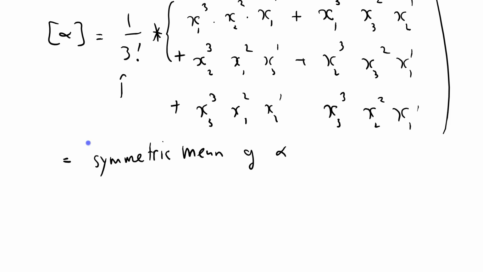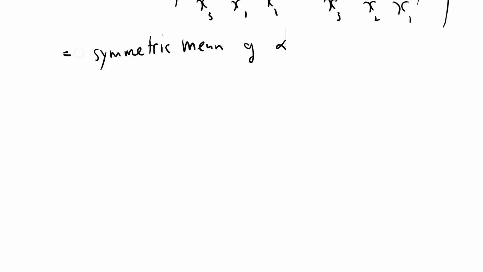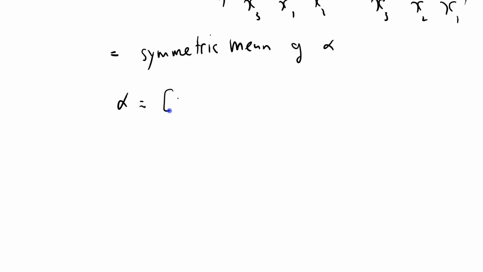That's great. But something peculiar happens if I say alpha equals, let's say, 2, 2, 1. Let's try that. What is the symmetric mean of alpha?